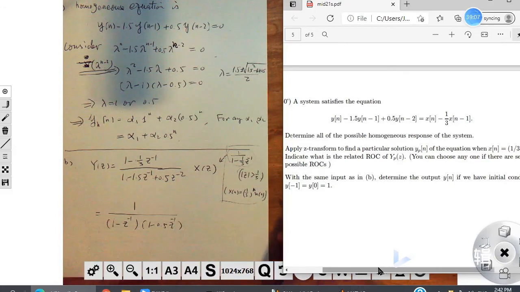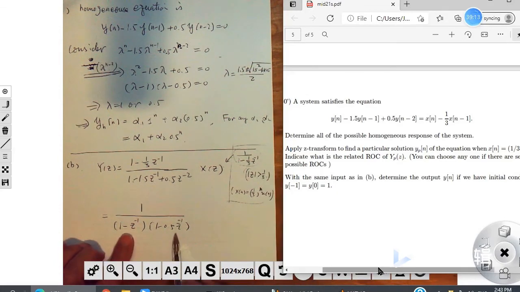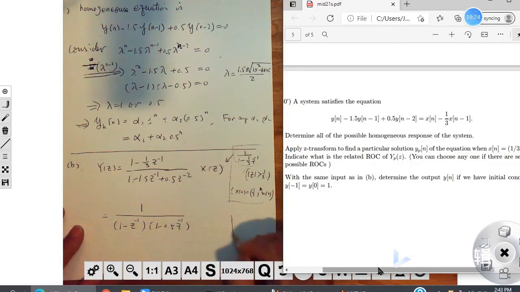Okay, now how to choose the RC? Here you have z larger than 1/3, but here you see this is 0.5, this is 1. You do not have 1/3. Actually, they cancel. So you can choose RC just based on these two poles. We have three possible choices, right? 0.5 and 1.